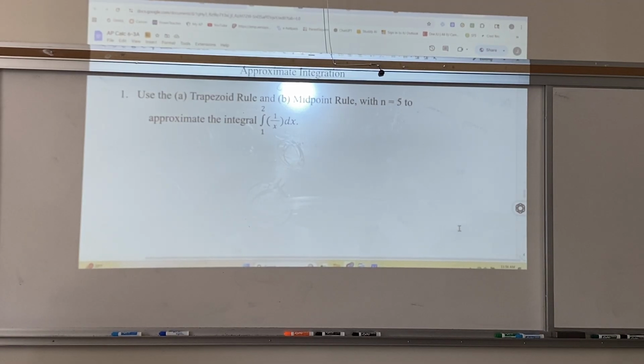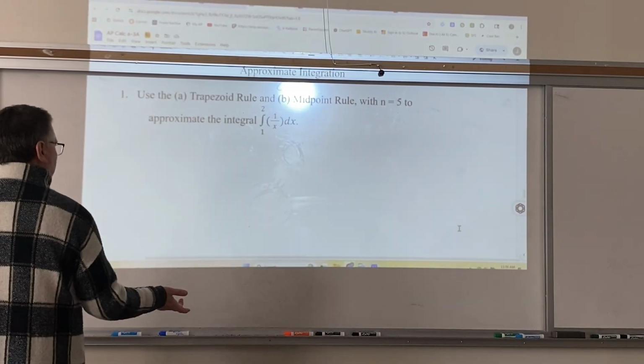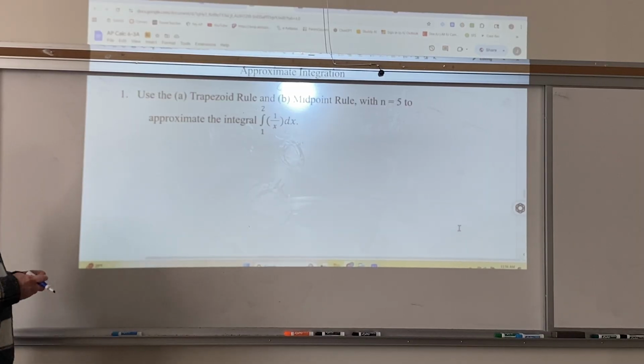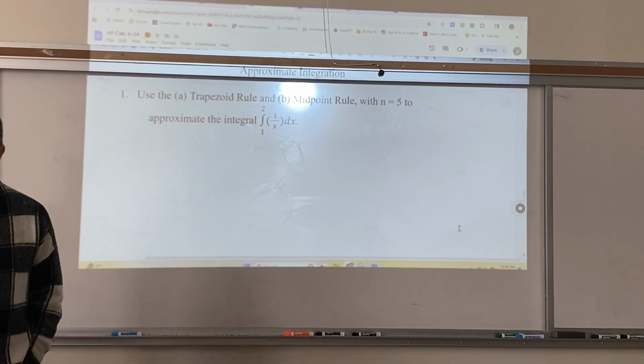Not a lot of examples on here because they are tedious. Tedious meaning time consuming, not hard, it just takes a while. So let's use the trapezoid rule and the midpoint rule with n being 5 to approximate this integral.